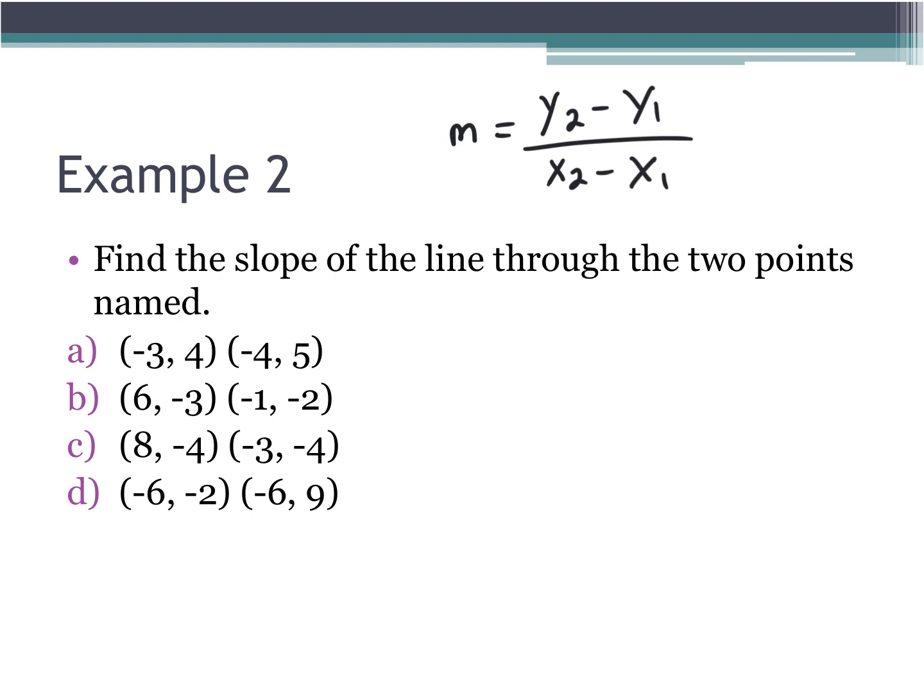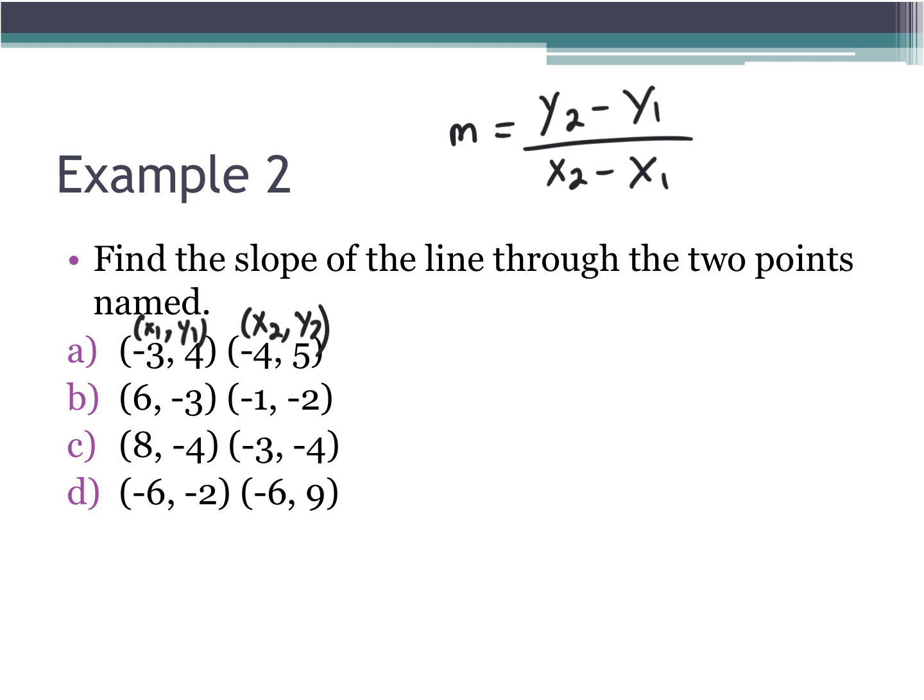Remember, you can name whichever ordered pair you want as 1 or 2. I'm just going to name this entire first row as x1 and y1, and this entire second row as x2, y2, just for convenience. But again, it doesn't matter which one you name, as long as you're consistent.